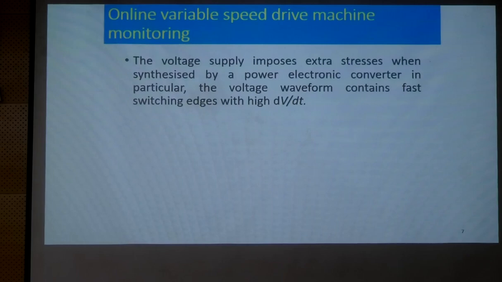So these machines have to withstand both sinusoidal as well as repetitive impulse voltages.